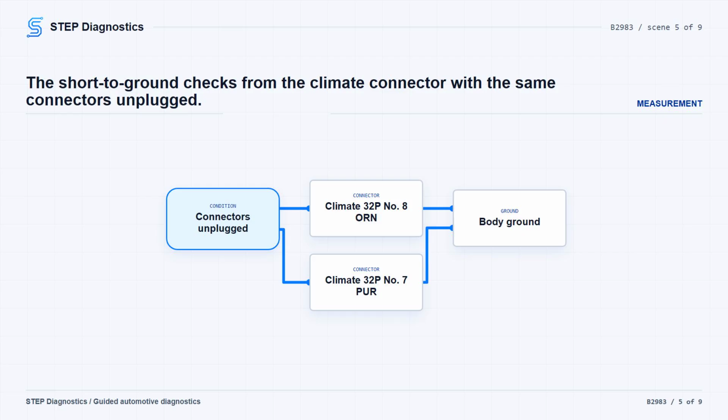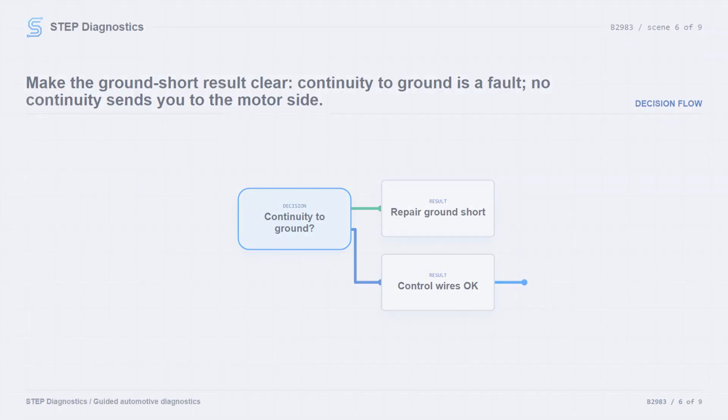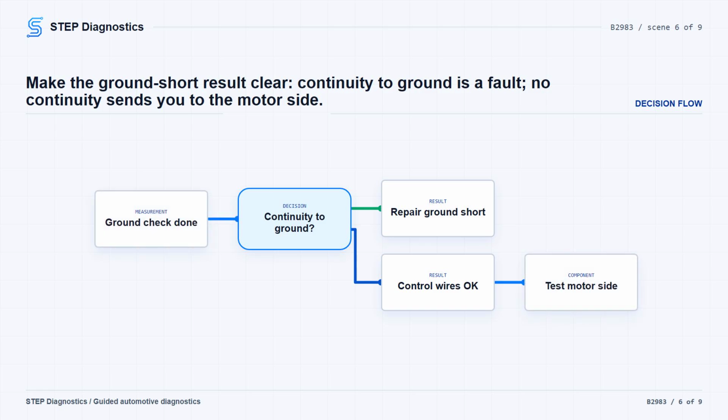Then check from climate control unit 32P connector No. 8, the ORN wire, to body ground for the F/RMTR REC line. If either one shows continuity to ground, repair the short to body ground between the climate control unit and the recirculation control motor. If there is no continuity to ground, the fresh and recirculation motor control wires are considered okay, and the next move is to evaluate the motor side of the system.